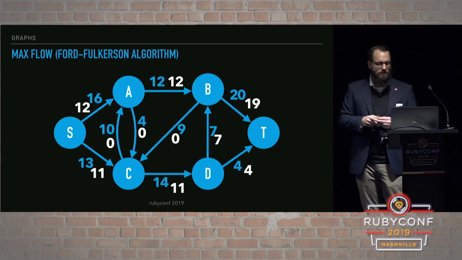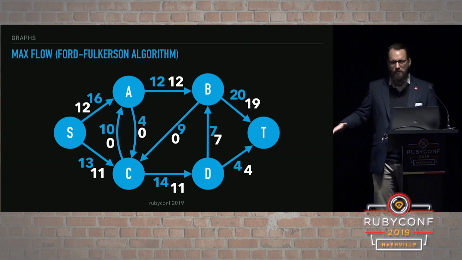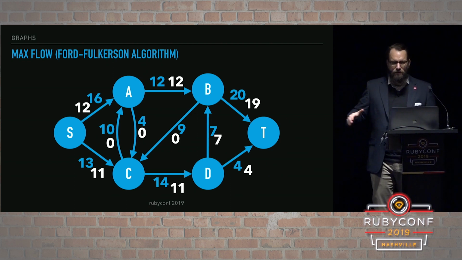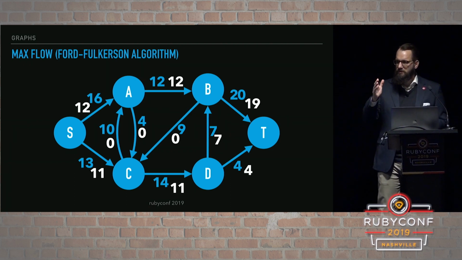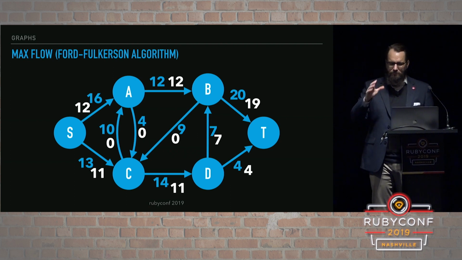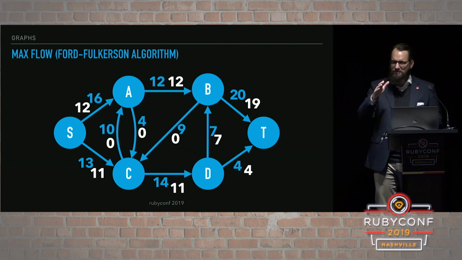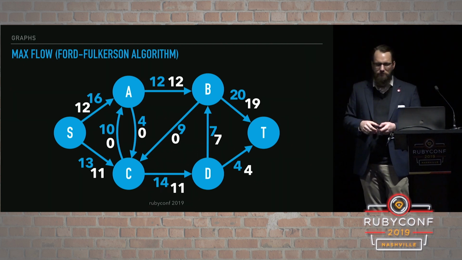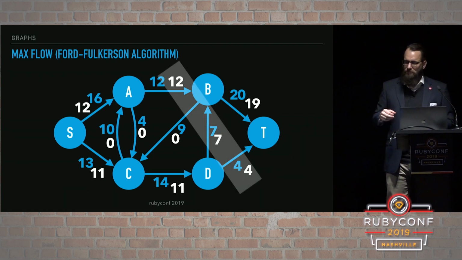Now, an interesting corollary to the max flow is the min cut. So if we were to take a knife and slice through this graph in all the possible ways that you could do that, if you find the cut that cuts the least amount, that is the area that is the bottleneck, effectively, of the entire system. And so we can see that here.